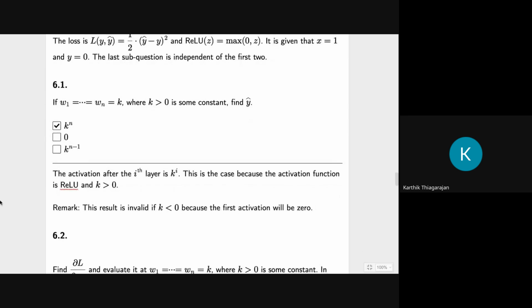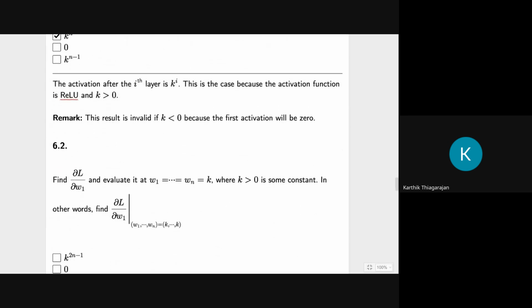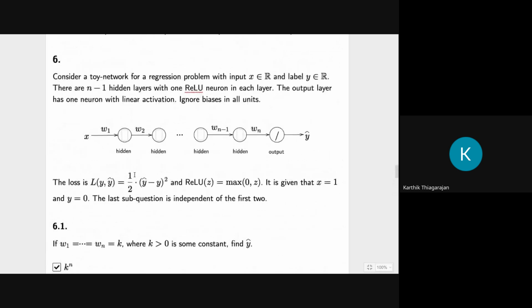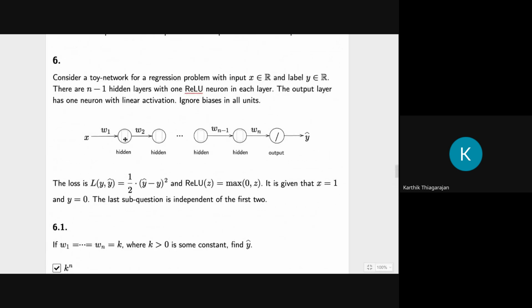We can ignore that. So this is the slightly hard part, hard in the sense of tricky. There was a deliberate reason why these options, n minus 1, 2n minus 1, 2n, were added. You have to find the derivative with respect to the first weight, the weight connecting the input and the first hidden neuron.